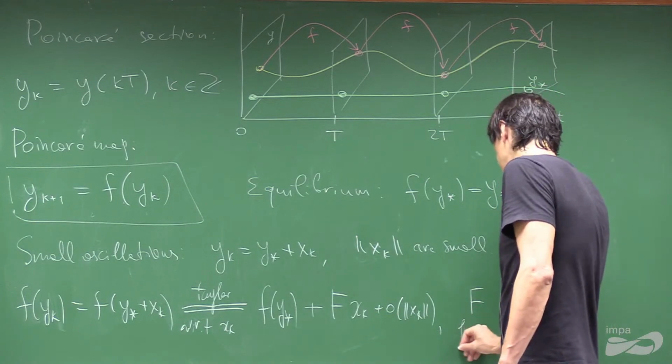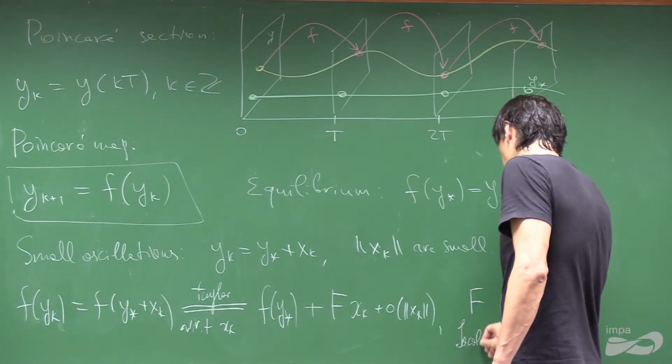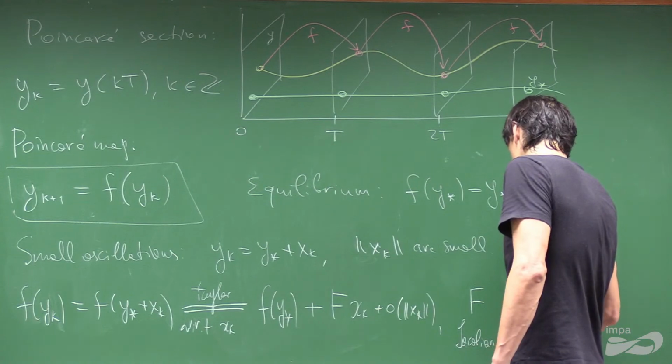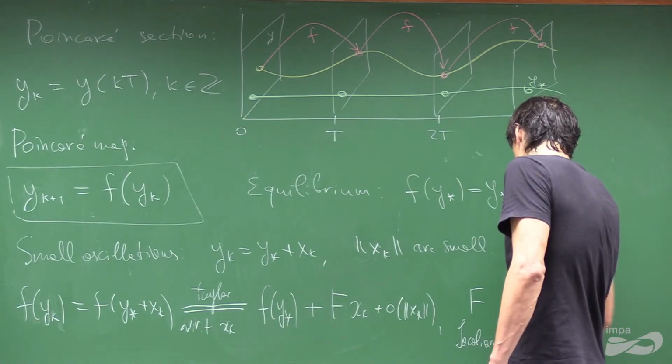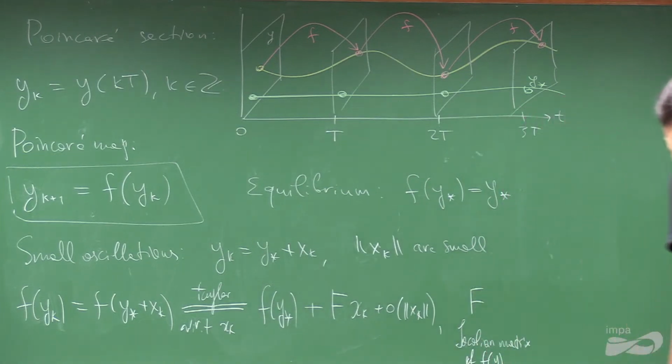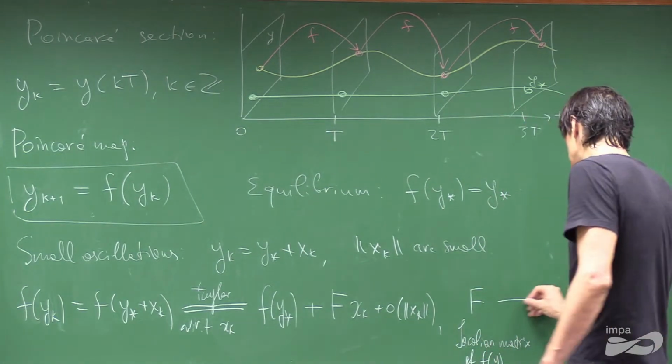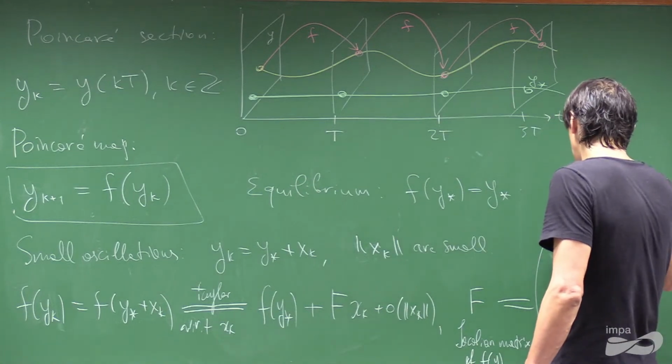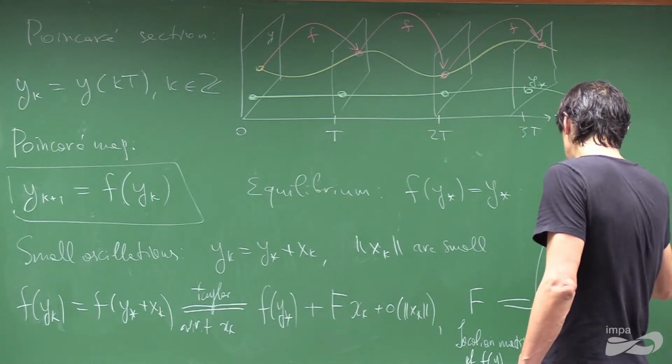So now f is our Jacobian matrix of our function f. So what it is, just the same story.